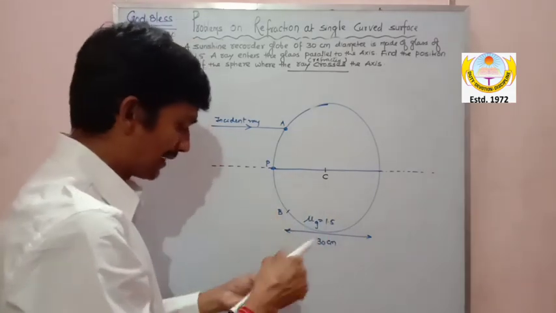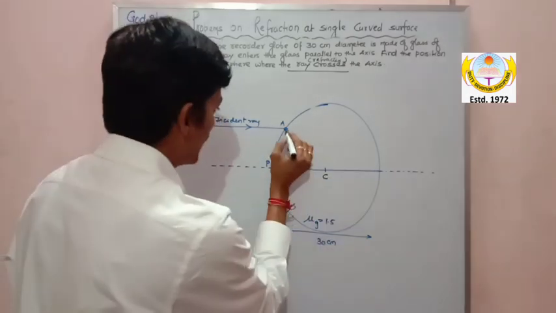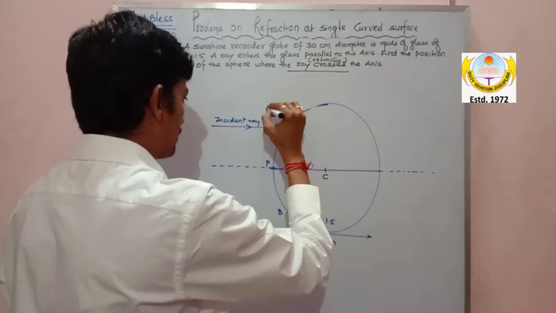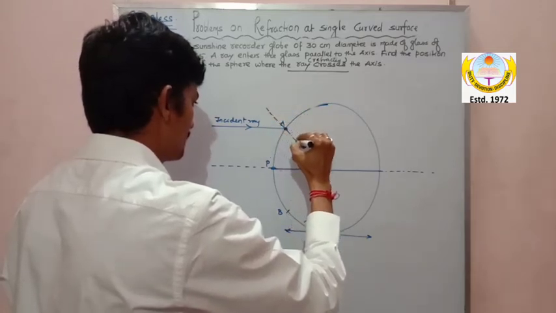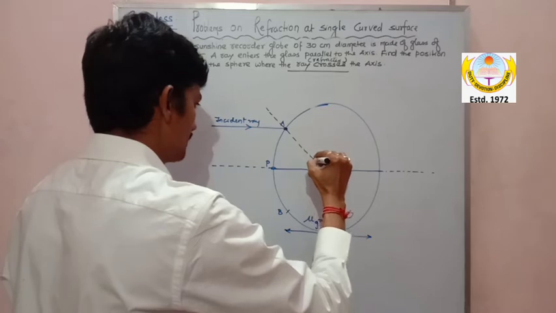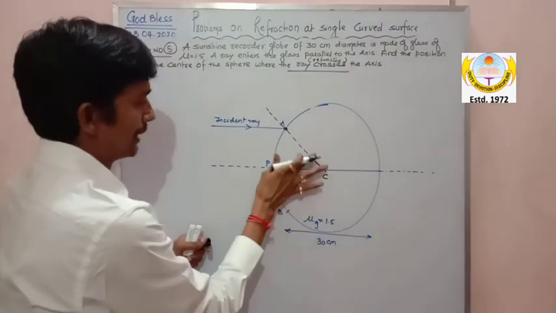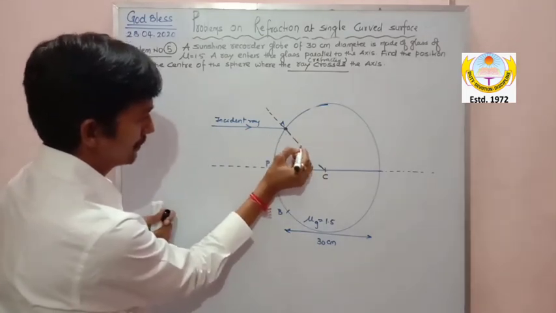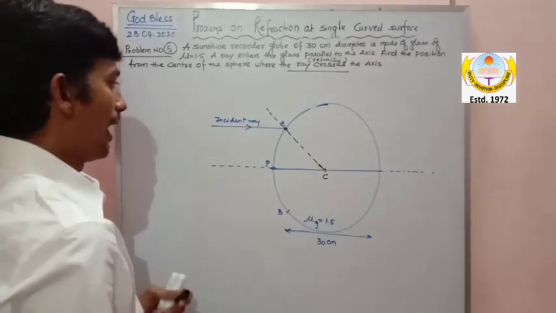See, first you should be aware of the diagram. If this is the center of curvature, then no doubt this will be your normal. This will be your normal, my dear. I hope it is clear.